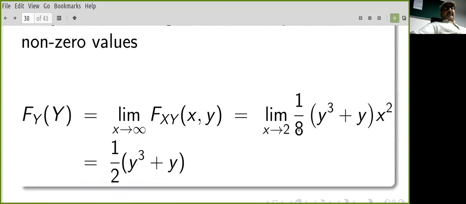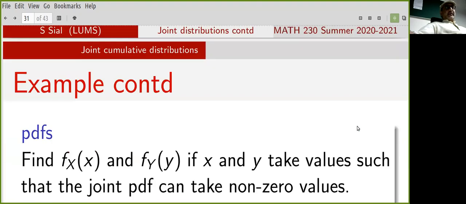So the limit as x goes to infinity becomes the limit as x goes to 2 of 1/8 (y cubed plus y) x squared, which is 1/2 (y cubed plus y). So you've taken out the x, and all that's left is a function of y, which is the cumulative distribution for y in the region where the PDF is non-zero.